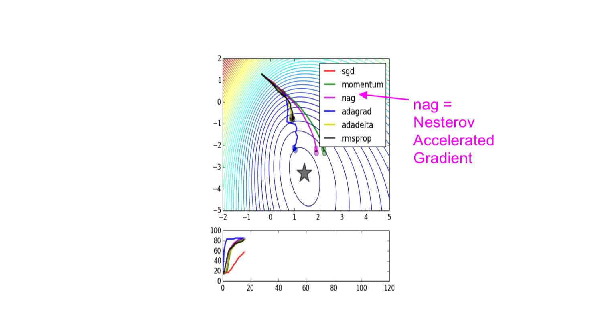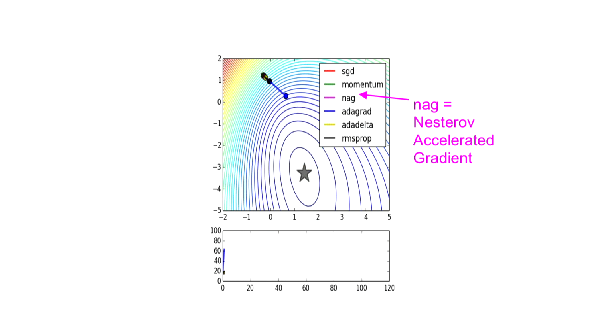Okay. So back to the simulation of different methods. The Nesterov method is usually abbreviated as NAG, which stands for Nesterov Accelerated Gradient. So SGD is the one in red that's going slowly. The regular momentum is green.